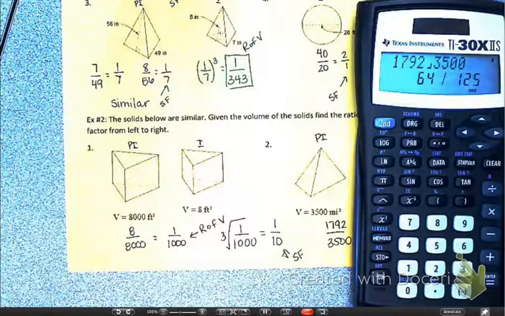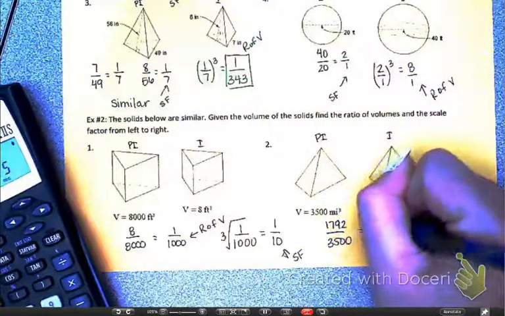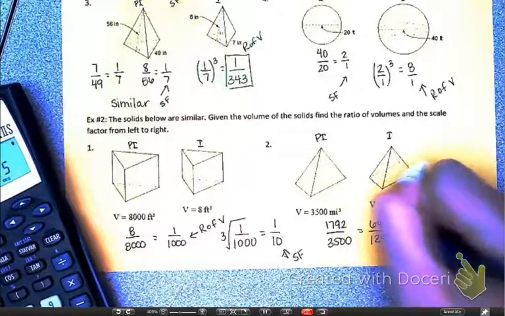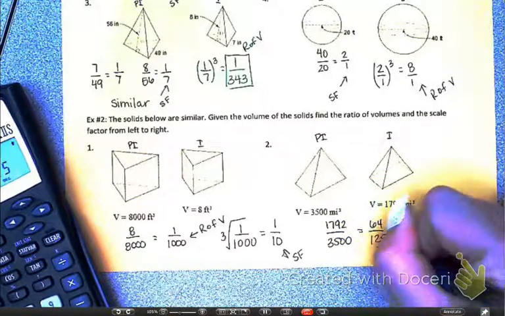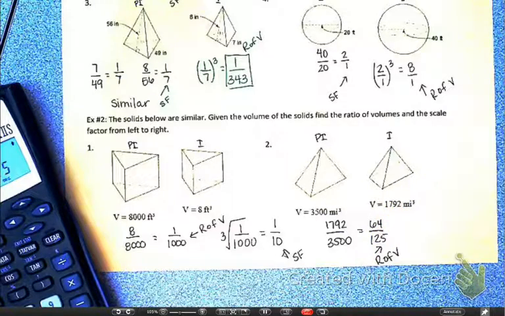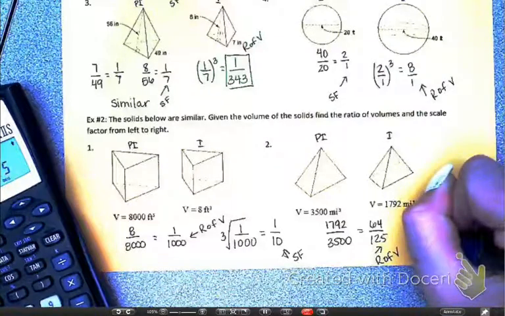The calculator gives you the simplest form. You don't have to look any further. Okay, so this is 64 over 125. And what did I actually just find? Ratio of volumes. Okay, so I found the ratio of volumes. What do I need to find? Scale factor.